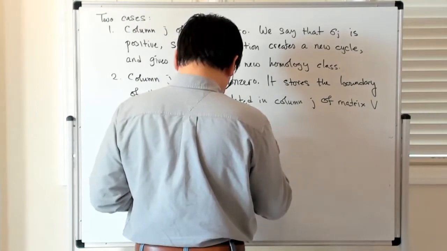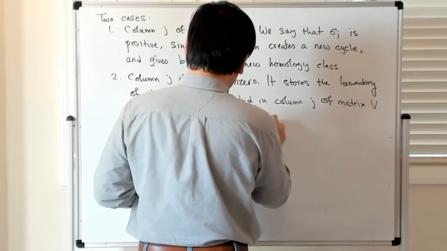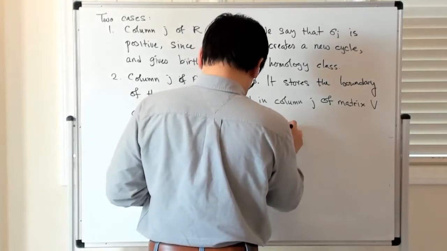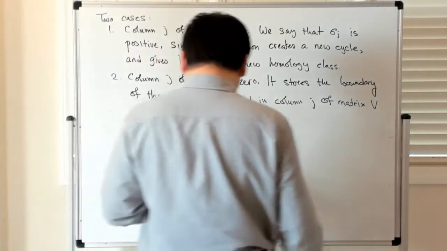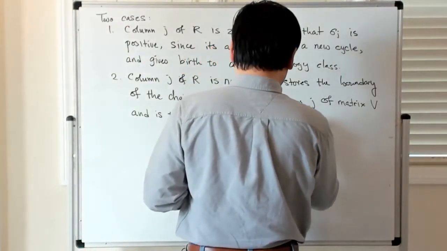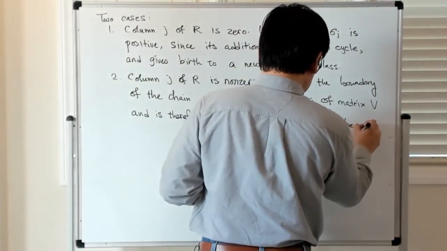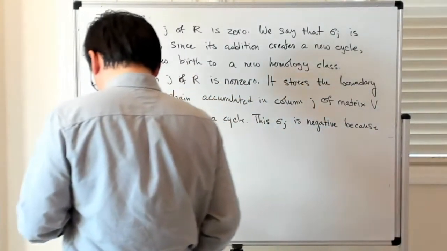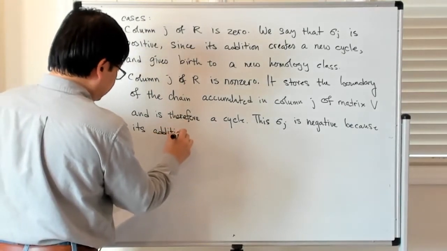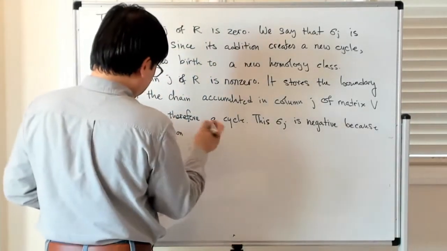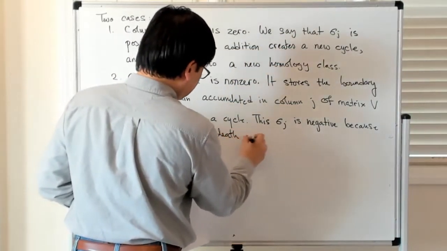So this sigma J is negative because its addition gives death to a homology class.